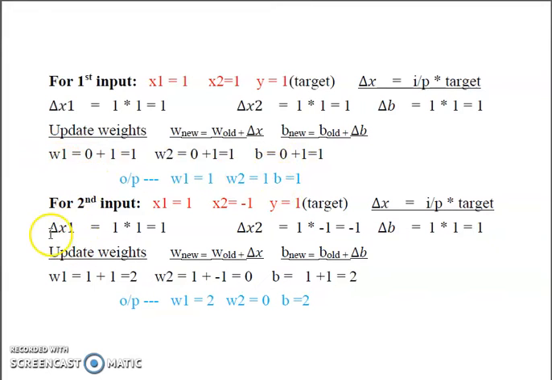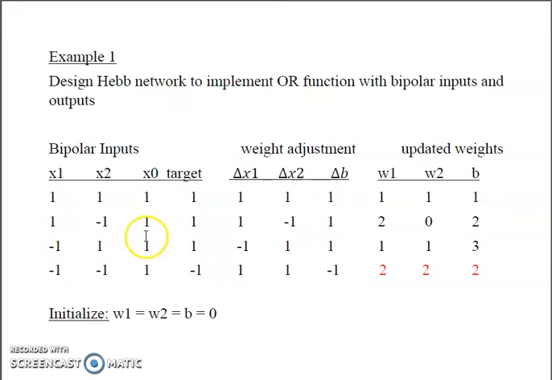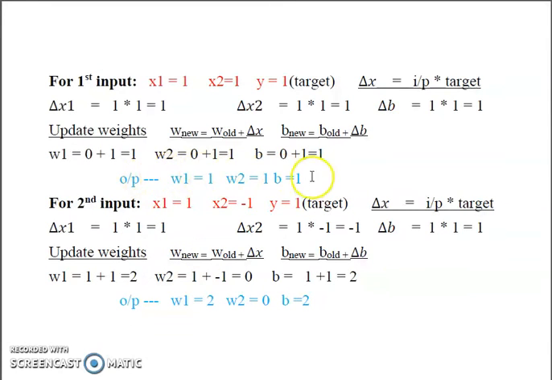In a similar manner, you have to calculate for the second input. For the second input, what is the input value? It is x1 is equal to 1, x2 is equal to minus 1, x0, that is the input related to bias B, is 1 and the target value is 1. And we have to use the updated weights which you got from the first step, that is W1 is 1, W2 is 1 and B is equal to 1. So with these values you calculate the delta x1 value.